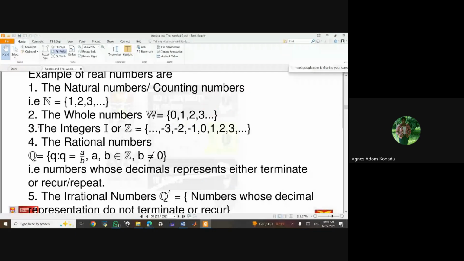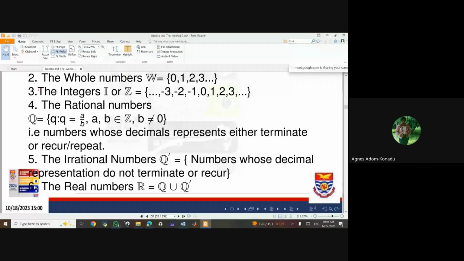You will get to abstract algebra or other topics, and you will see we'll be using Q, knowing that Q is the rational numbers, or given something in Q prime, it means that we are talking about irrational numbers. When we talk about R, we are talking about both rational and irrational numbers.